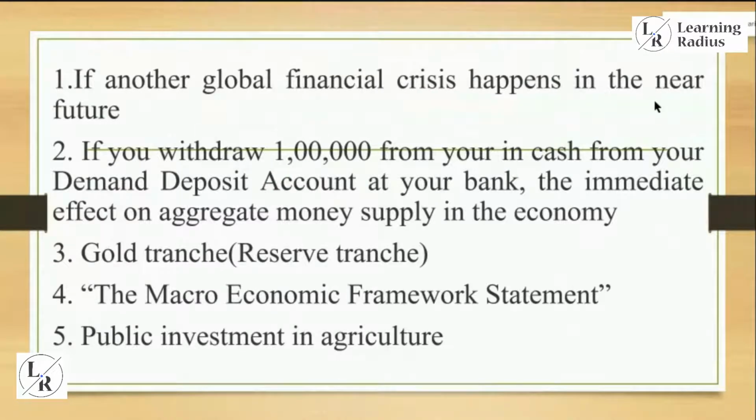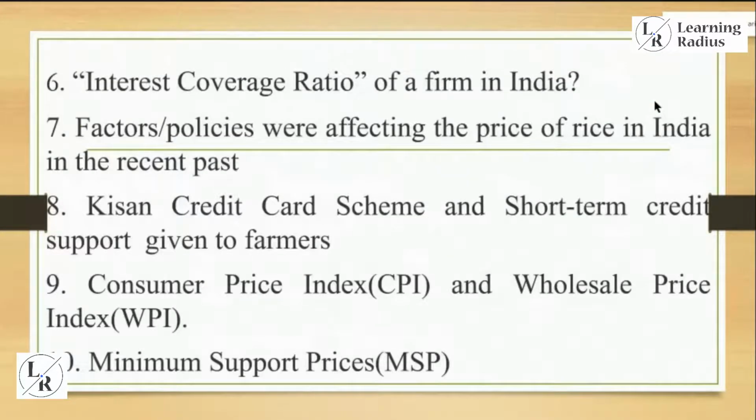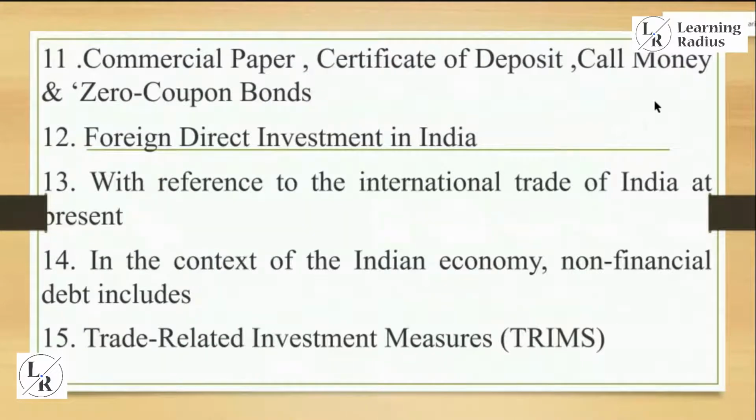Gold tranche, reserve tranche, the macroeconomic framework statement, public investment in agriculture, interest coverage ratio for a firm in India, factors and policies affecting the price of rice in India in the recent past, Kisan credit card scheme and short-term credit support given to farmers, consumer price index and wholesale price index, minimum support price MSP, commercial paper, certificate of deposit, call money and zero coupon bonds, foreign direct investment in India with reference to the international trade of India at present.